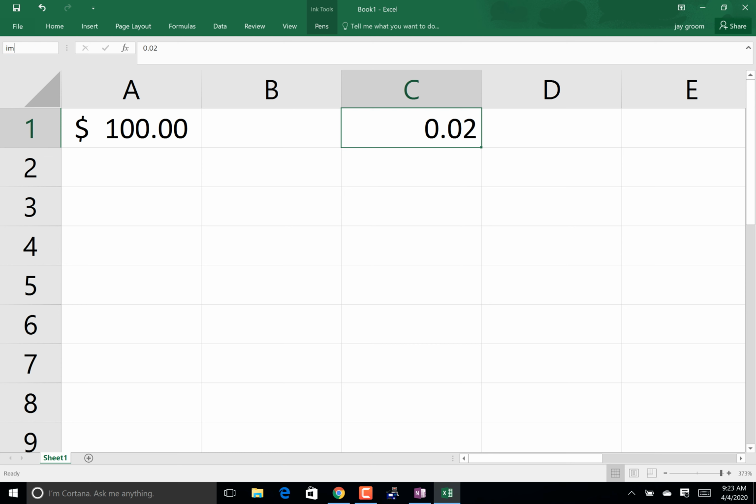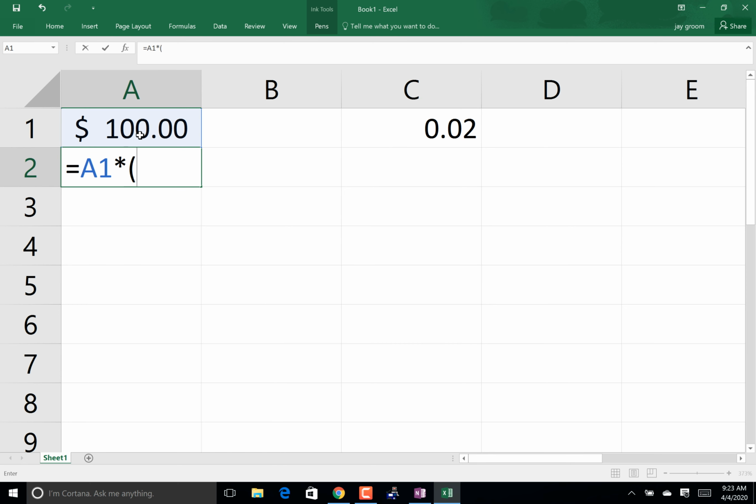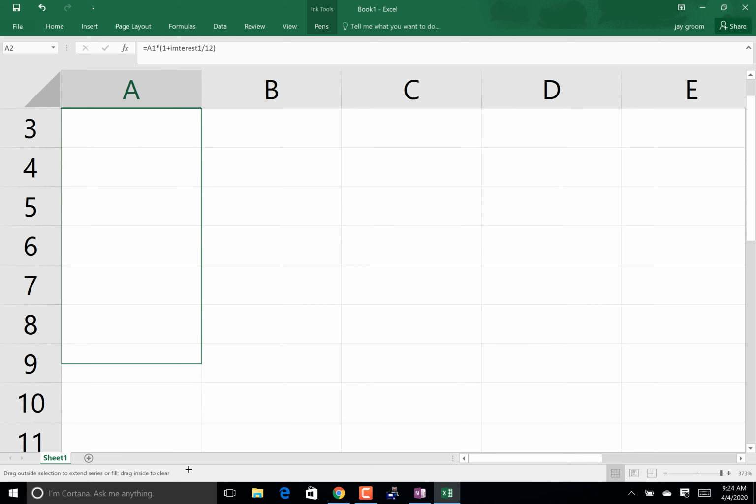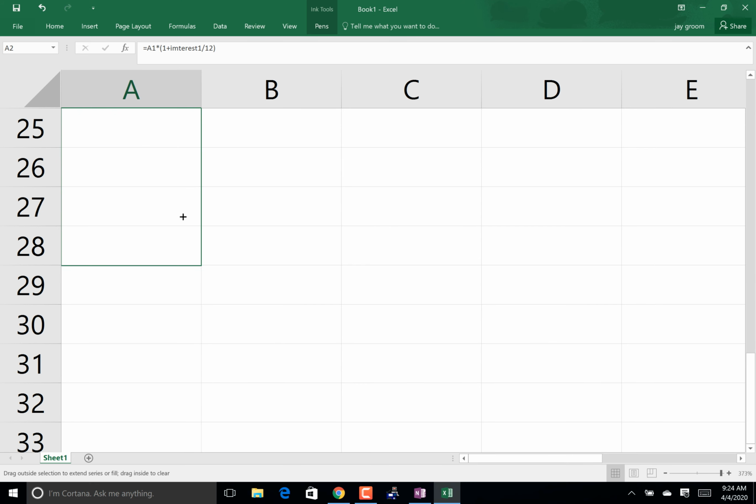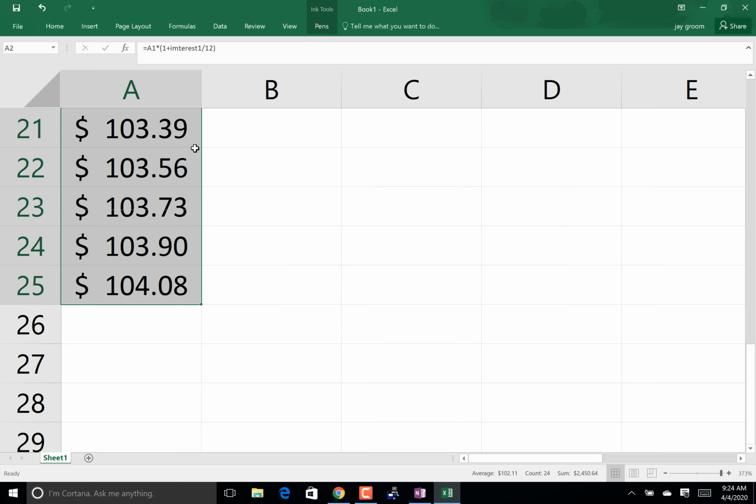Interest. 1 equals that times parentheses 1 plus this divided by 12. Computer doesn't know the difference if you spelled it wrong or not, so it's not judging you. After 2 years, you will have $104.08.